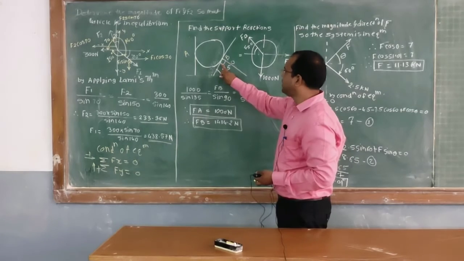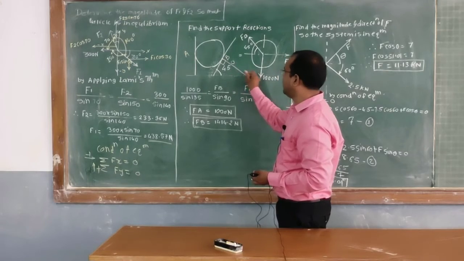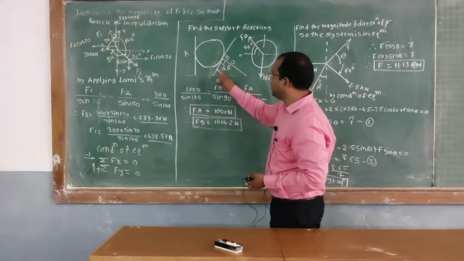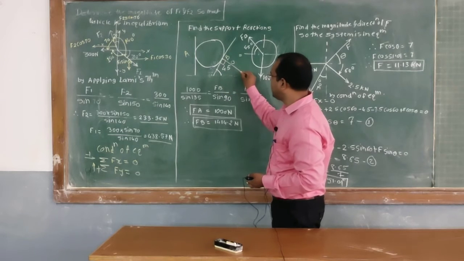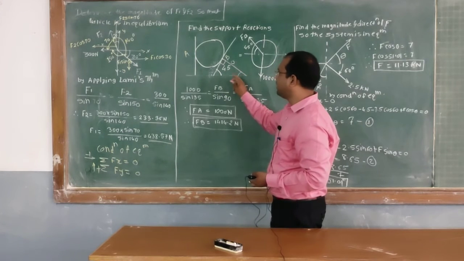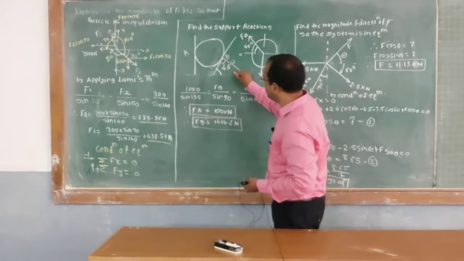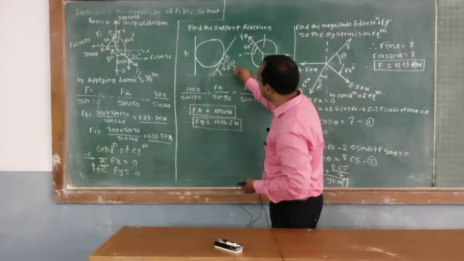As this angle is 90 degrees, if we extend this line, we form a triangle. So this angle is 90 degrees, this angle is 45 degrees. What is the remaining angle? 180 minus (90 plus 45), so we can say 90 minus 45. So this angle is 45.